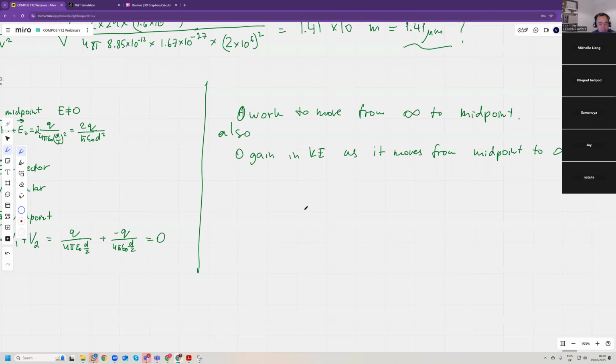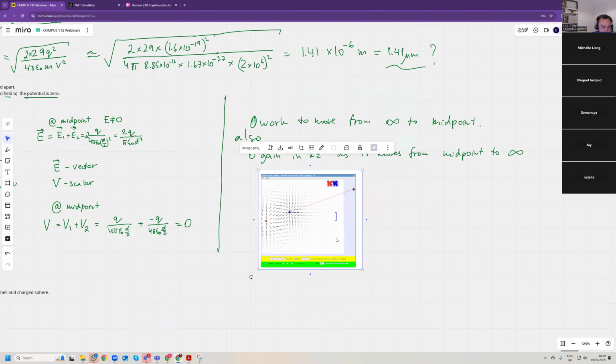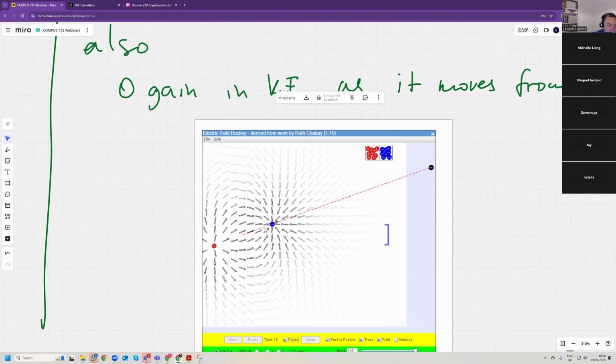Because there's a very small force, the attractive force to the negative charge is slightly bigger than the repulsive force from the positive charge. So the charge will keep slowing down as it moves away, and at infinity, it will stop.